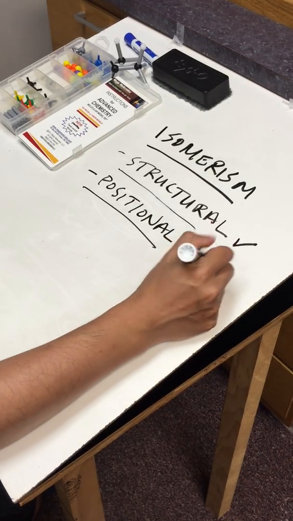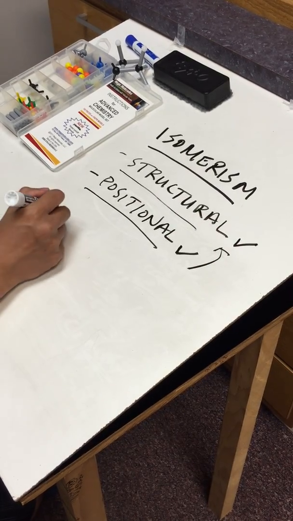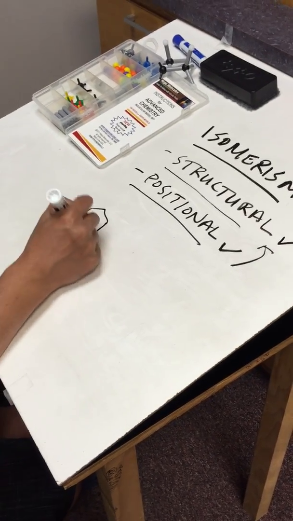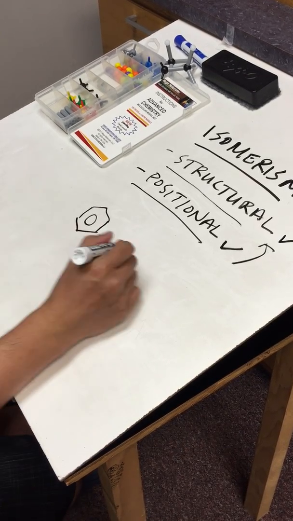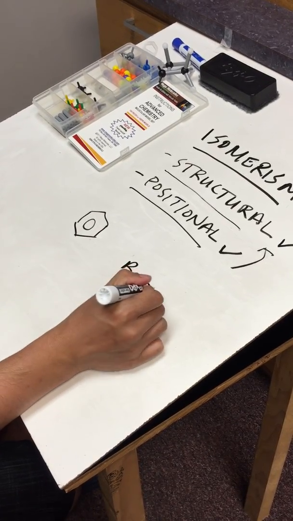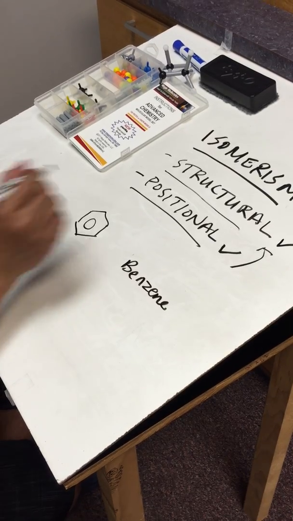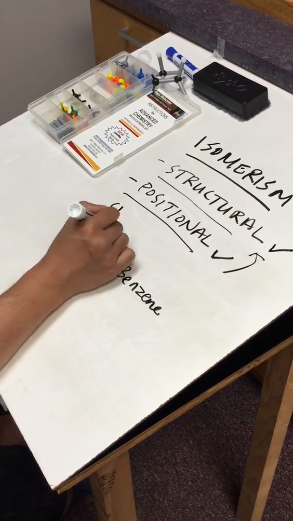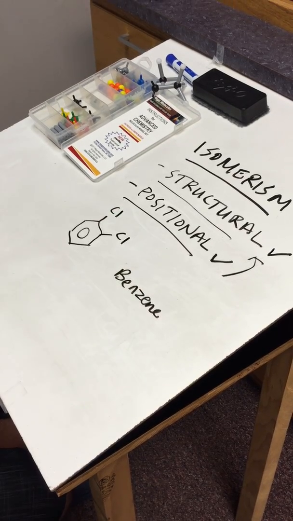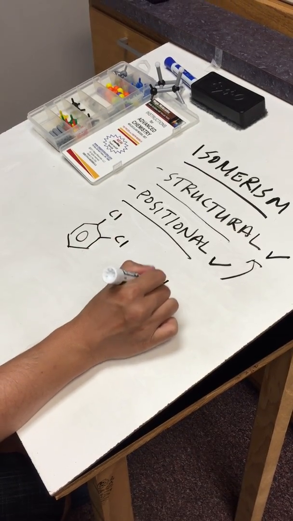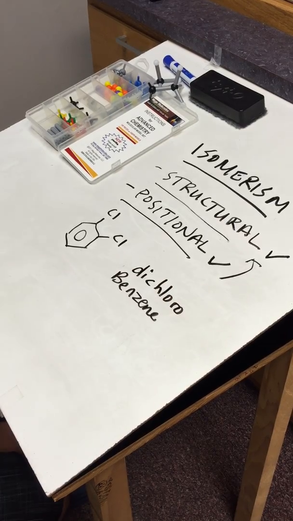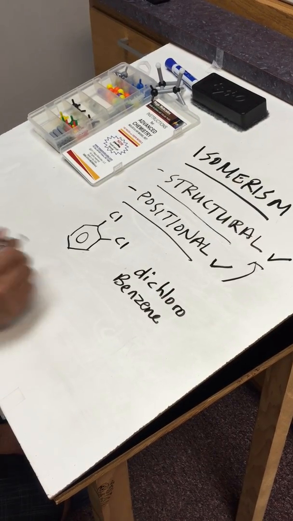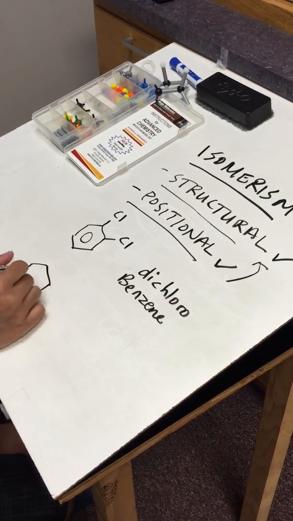Well, it's kind of like structural, except that, for example, you know this? It's called benzene. Let's say I'm going to have a chlorine here, and then another chlorine here. So that would make it a dichlorobenzene.